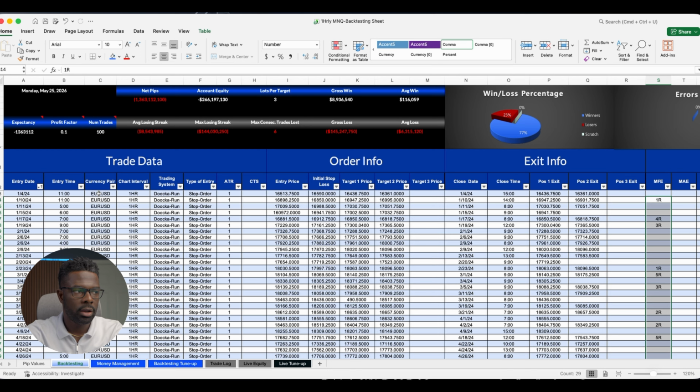If you're tracking this, you can just ignore the Euro USD because the price is the Nasdaq 100 futures price. Max consecutive trade loss, you see, is 6. So if I have more than 6 trades that lose in a row, that means I need to go back to my backtested sheet to see what I have been doing wrong.